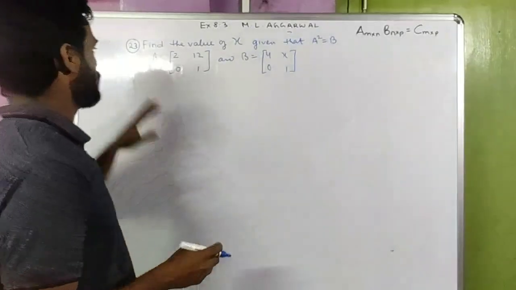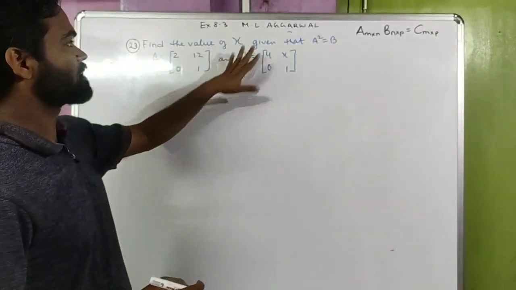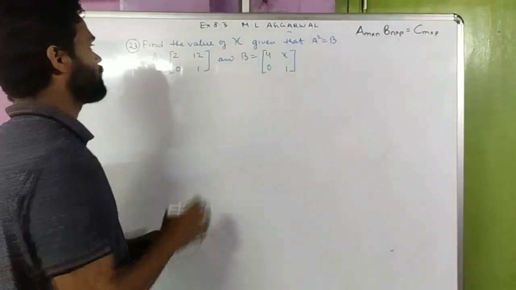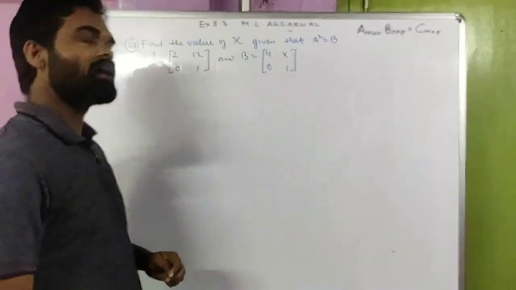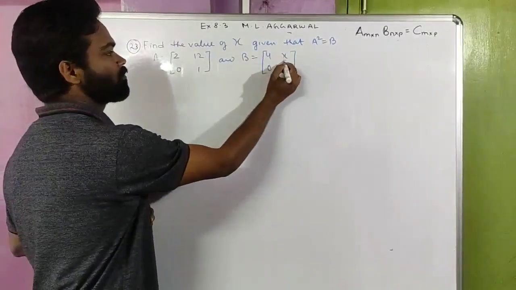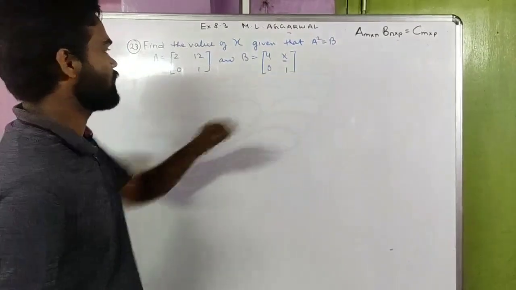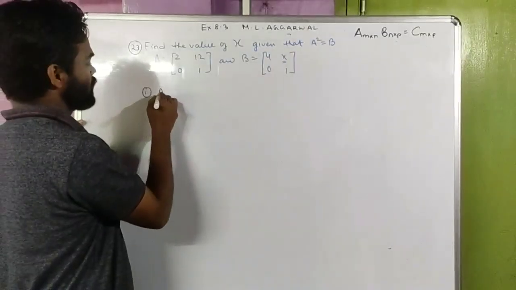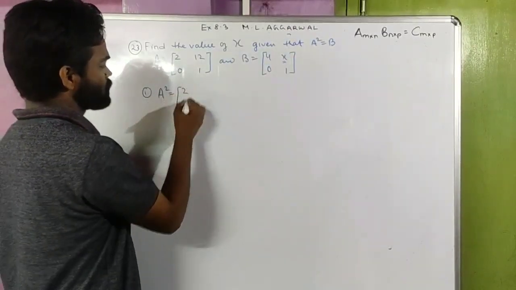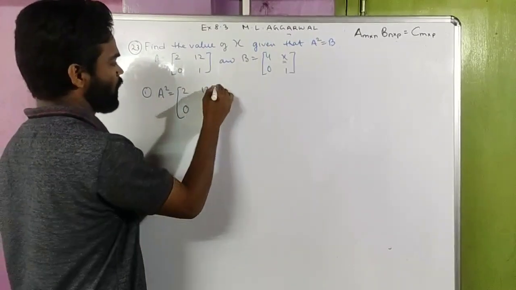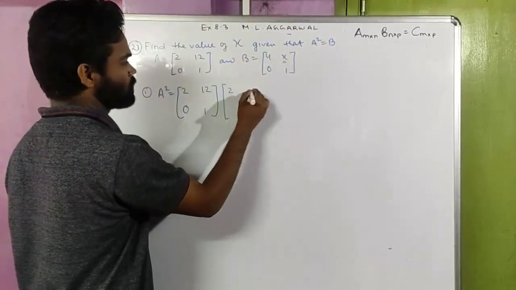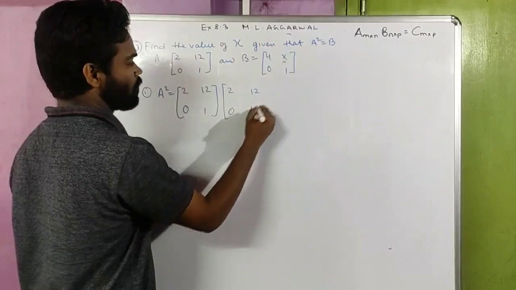Now look at sum number 23. Find the value of x given that a square equals to b, and a is given and b is given. First of all, they have told us to find the value of x over here. First of all, find a square. So your a square is 2, 0, 12, 1 multiplied by again 2, 0, 12, 1.